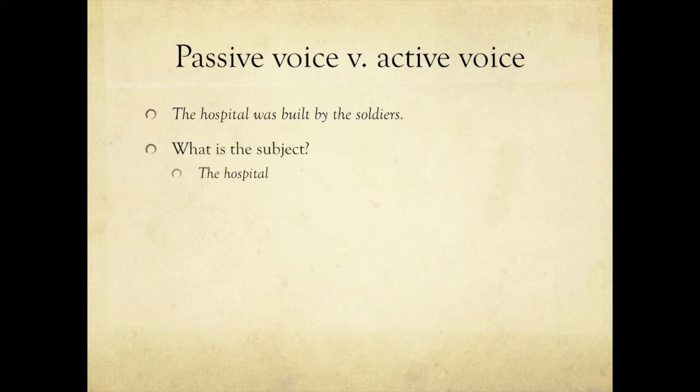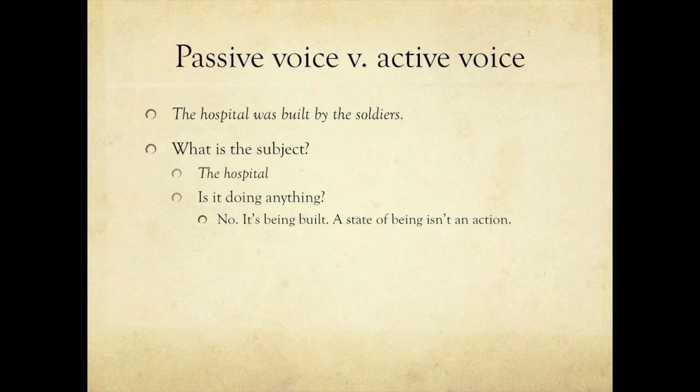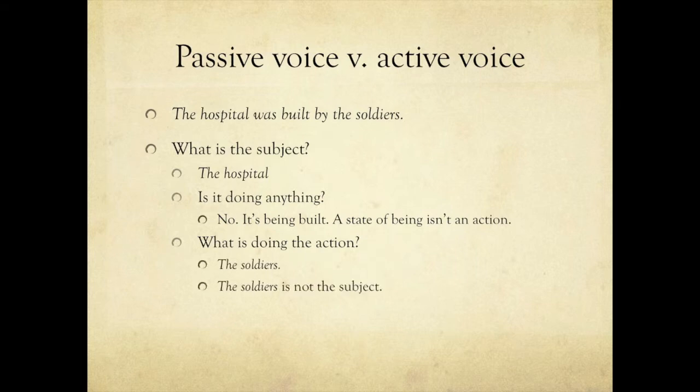What's the subject? It's the hospital. This is what we need to ask ourselves when we think we may have passive voice. Is the hospital doing anything? No, it's being built. A state of being isn't an action. What is doing the action? The soldiers. But the soldiers are not the subject, right? That's the problem with that sentence.